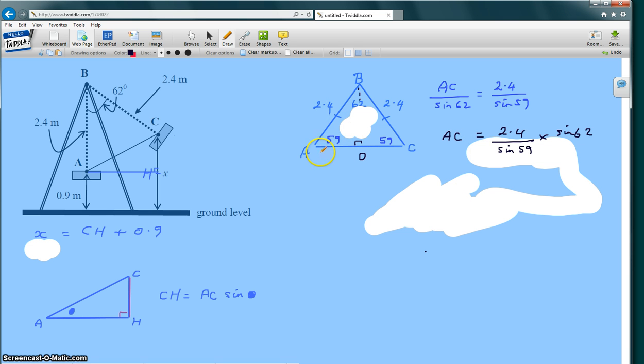So let's just backtrack. If we know AC here, then we know AC there, then we can work out CH. Oops, hang on. Whoops. I don't know the dot angle. Where can I get that from? Okay, I'm going to put it back on the main diagram up here, and let's just look and see if we can figure out something we can use.